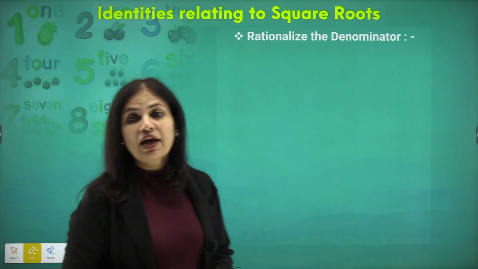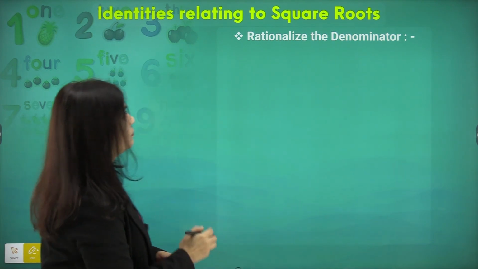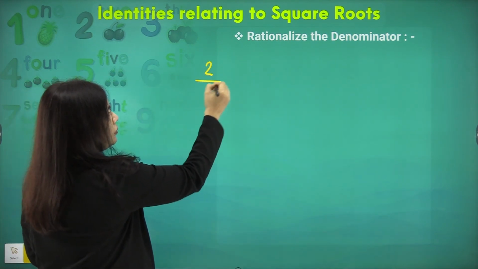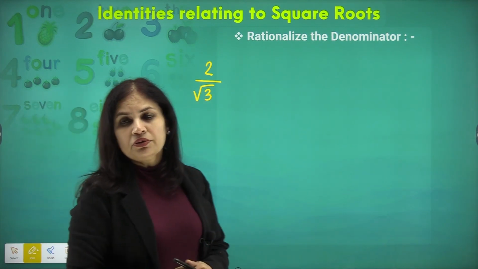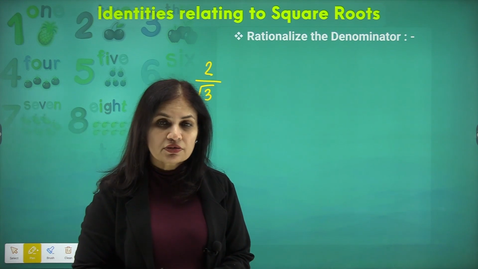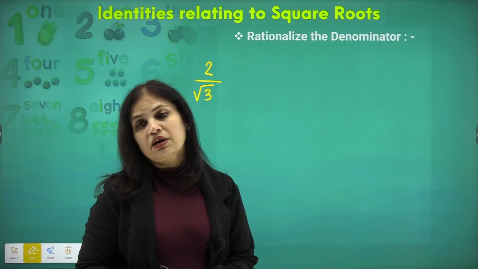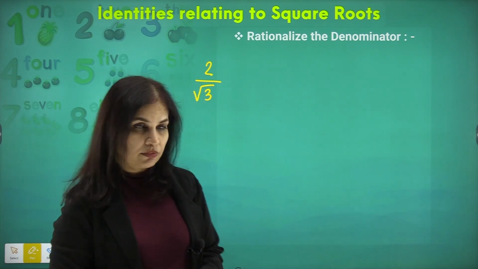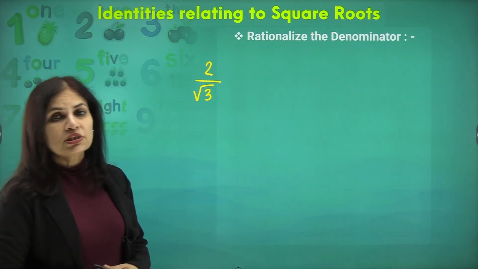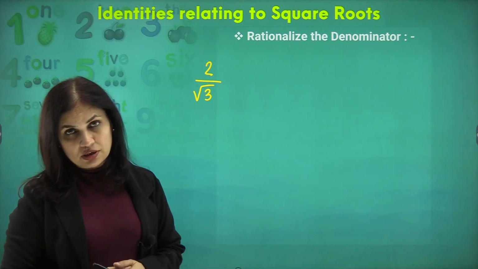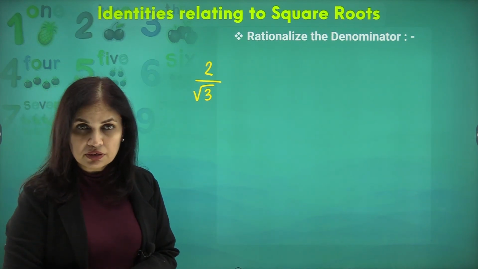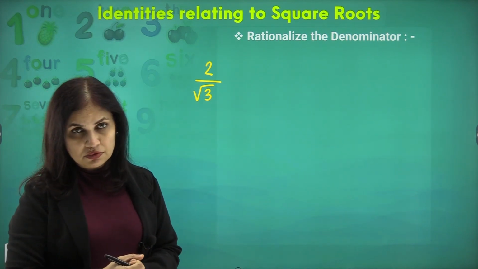Suppose I have an irrational number 2 upon root 3. Rationalizing the denominator is very important because division becomes simpler if I rationalize the denominator. Rationalizing the denominator means making root 3 rational. How can I make root 3 rational? Root 3 is an irrational number.